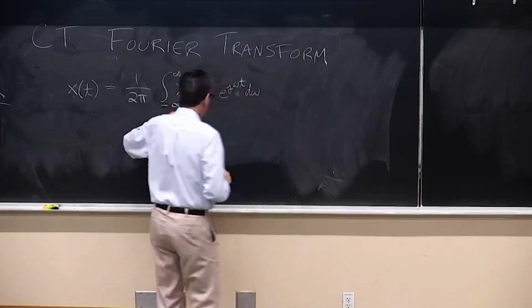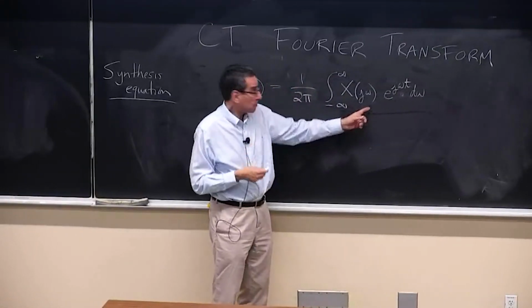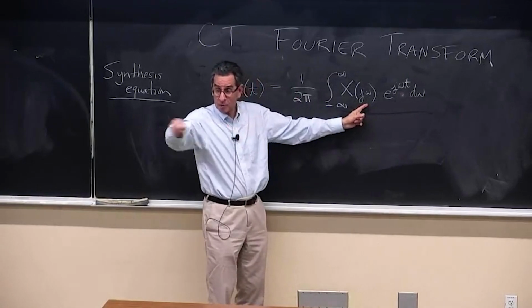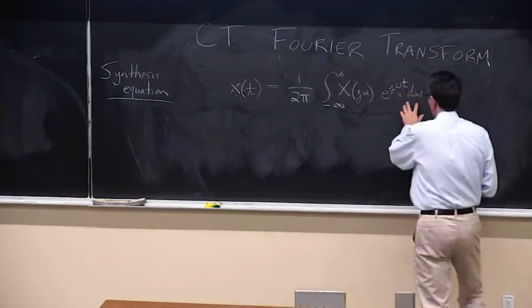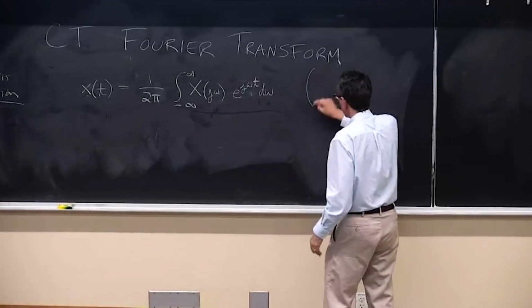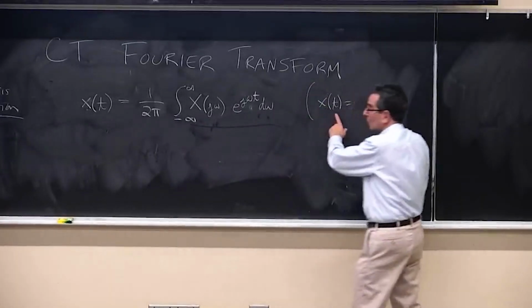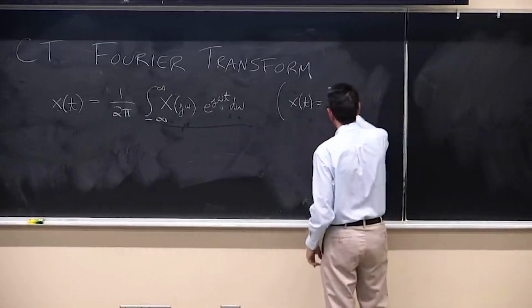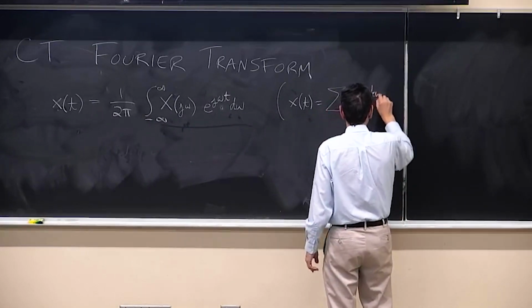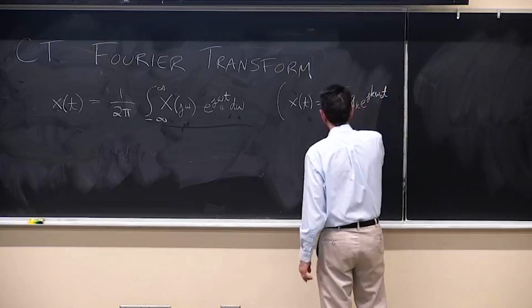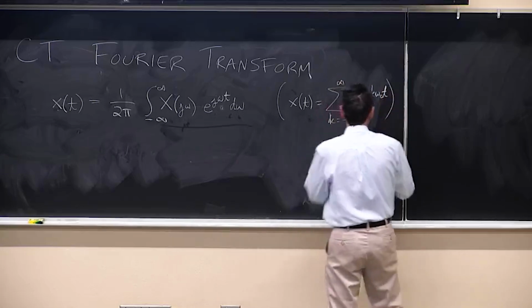So we have to sum up over the frequencies, which in this case, because it's a function of a continuous spectrum of frequencies, means we have to take an integral. So we integrate over omega. If you want to compare this to when we had a periodic signal, remember there we had a periodic signal with fundamental frequency omega naught.